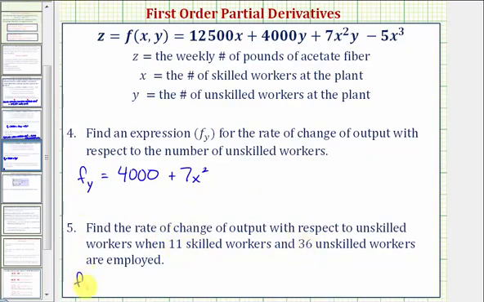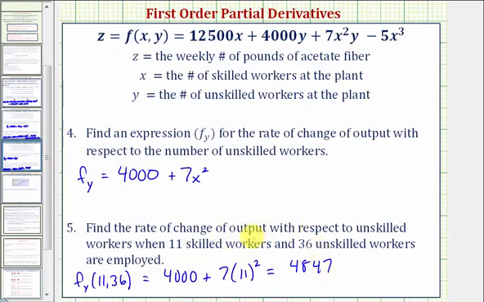So the partial with respect to y at 11 comma 36 is equal to 4,000 plus 7 times x squared, but x is 11, so 11 squared. Again, I've already determined this value comes out to 4,847. And because this measures the change in output with respect to unskilled workers, the units would be weekly pounds per unskilled worker.